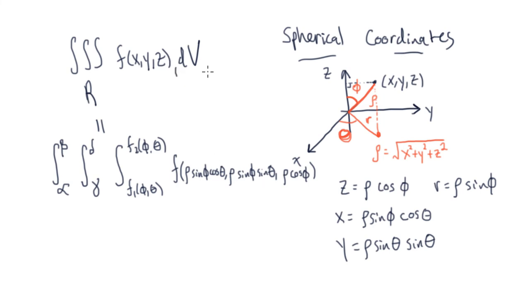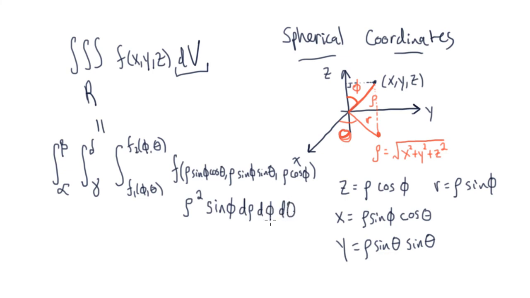And then what happens to dV? This is where the magic happens. So let me just tell you the answer. dV becomes rho squared sine phi d rho d phi d theta.